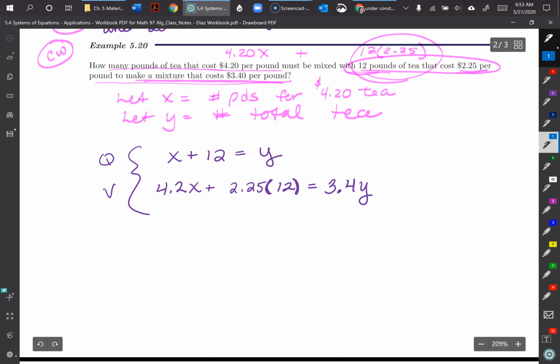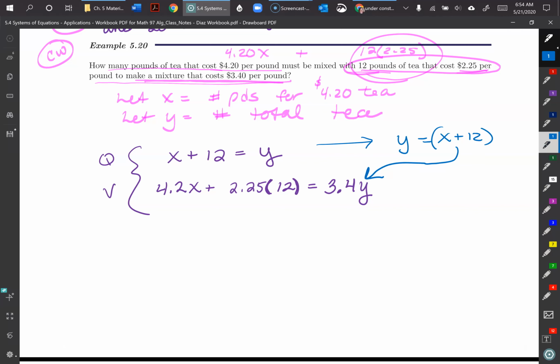So I'm going to go ahead and solve by substitution. y equals x plus 12 already. Nicely done. So I'm just going to substitute that in here for y. So then I will have 4.2x plus 2.25 times 12.